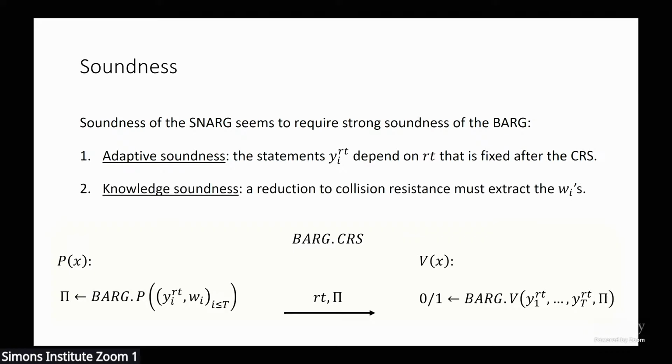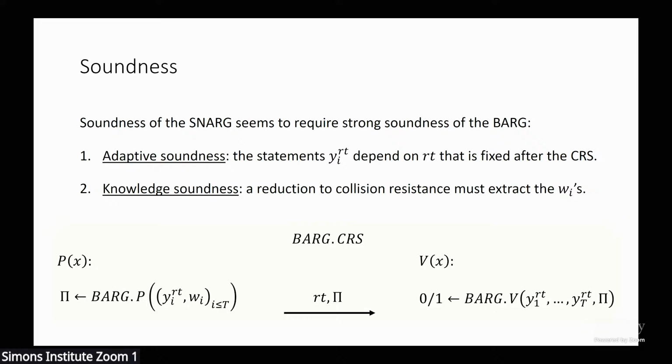We also need some sort of knowledge soundness. It's not enough to prove that all these y statements are true. In the reduction, we need to be able to extract the witnesses for them. Why is that? Remember, our construction also uses a hash tree. If we have an adversary that can find collisions in this hash tree, that can open the same configuration in two different ways, then this adversary can definitely break soundness.